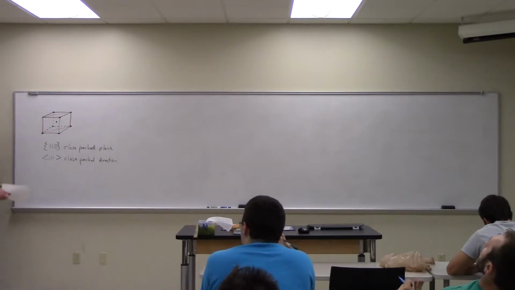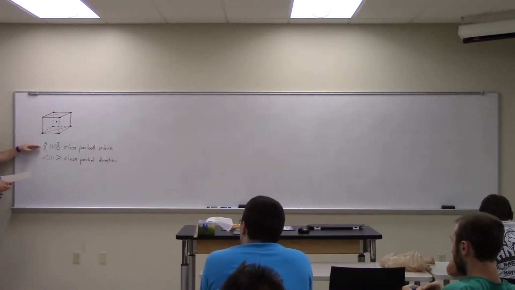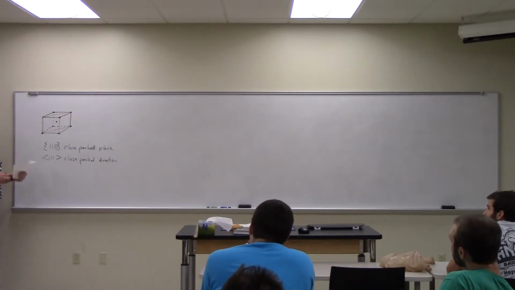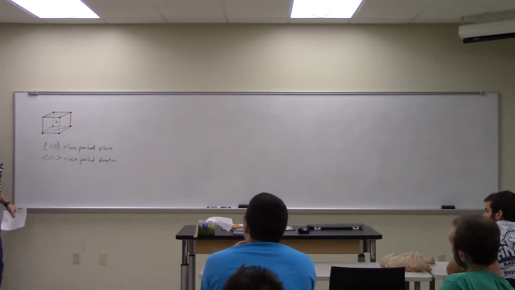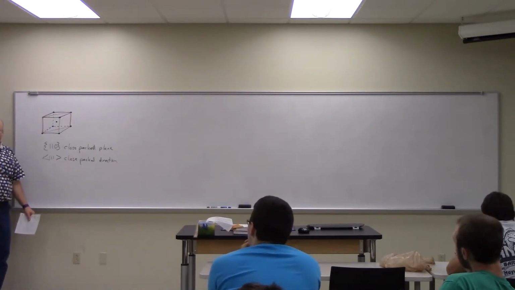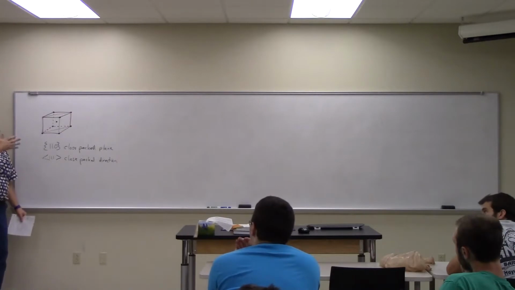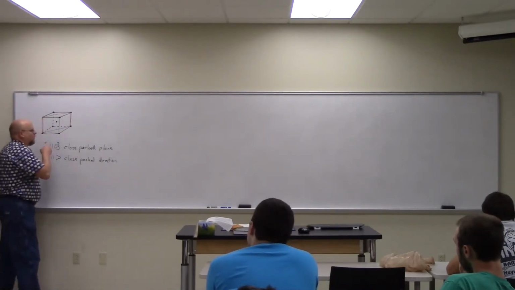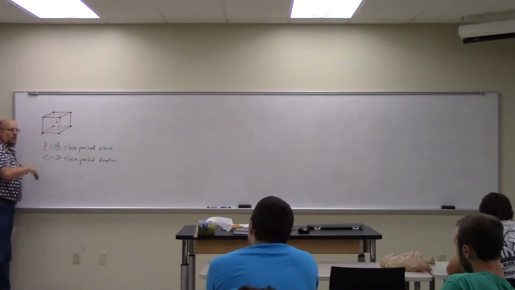Okay. So the 110 close packed plane and the 111 close packed direction work together to be the easiest way to deform a lattice. If I want to make one of those dislocations move, I'm going to want to make that dislocation move in the 111 direction along the 110 plane.